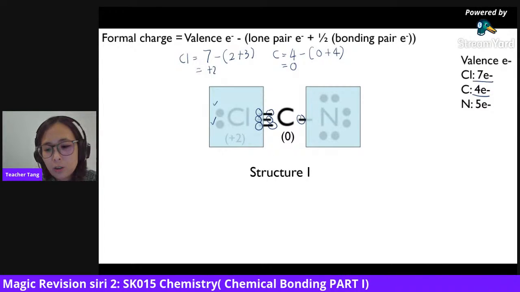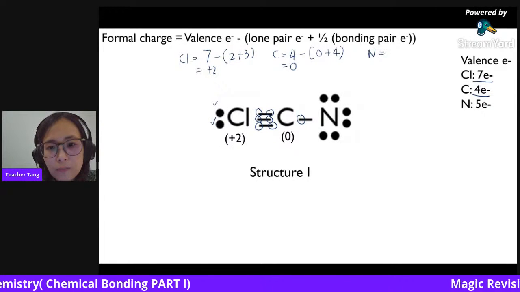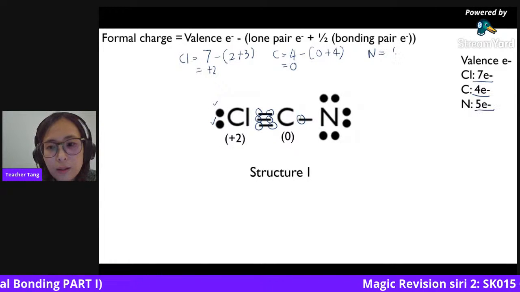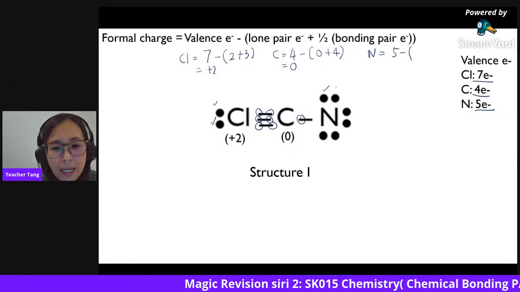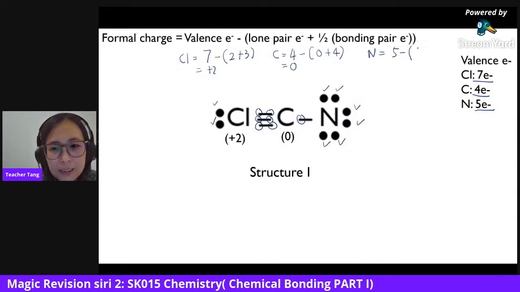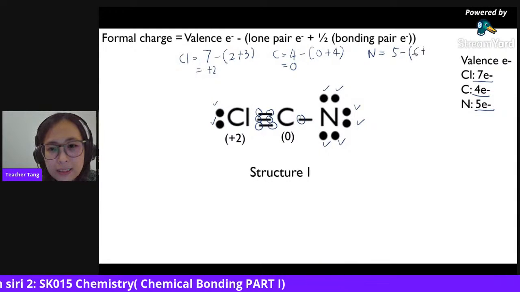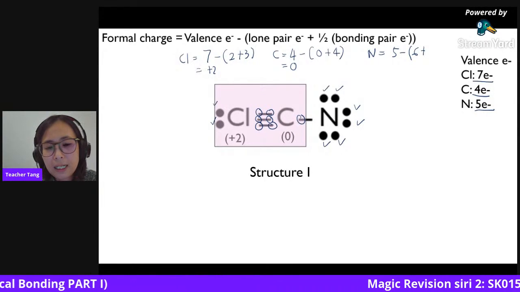Okay, so repeat the same thing for nitrogen. Nitrogen has 5 valence electrons, minus lone pair electrons: we have 1, 2, 3, 4, 5, 6. So minus 6, plus half the bonding pair electrons. You cover half, and how many electrons belong to nitrogen?